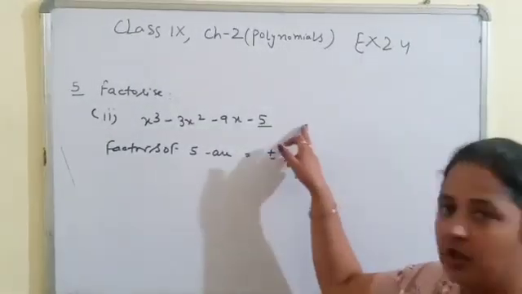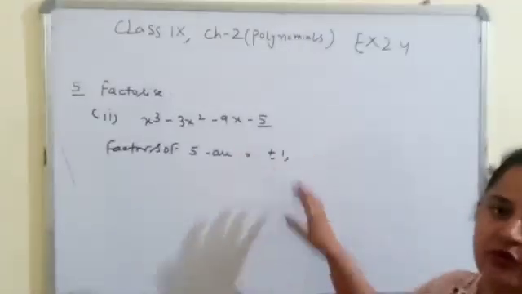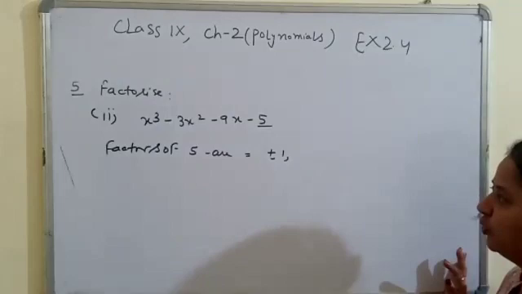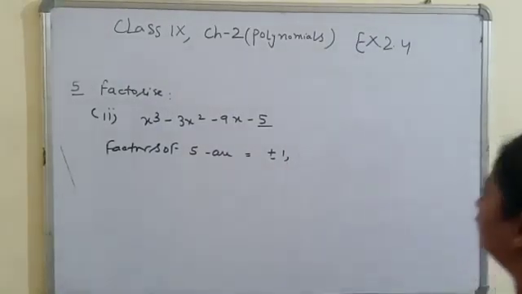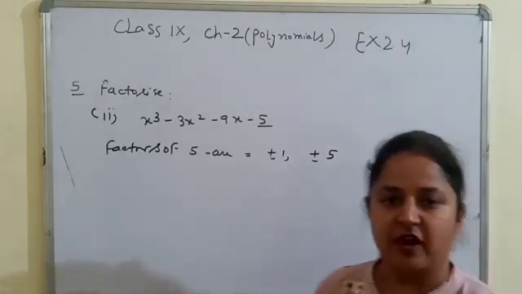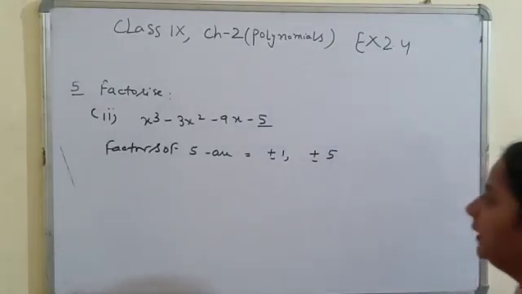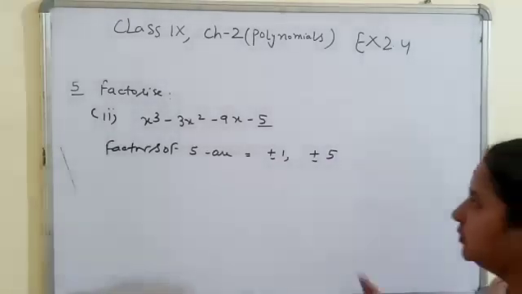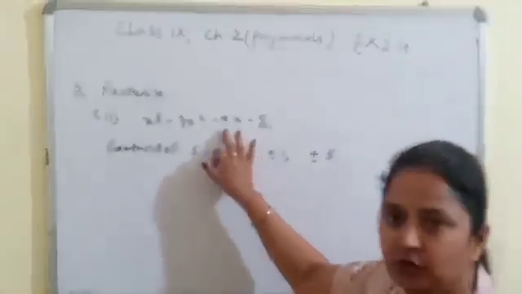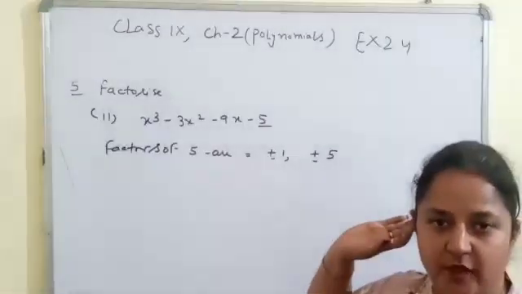We have to make all the possible factors for the constant term, that is minus 5 here. This is plus minus 1 or 5. These are the factors for 5, because 5 is a prime number, so there are only 2 factors. So by the trial method, firstly we will substitute plus 1 in this polynomial, to see if x equal to plus 1 is a zero of the polynomial.